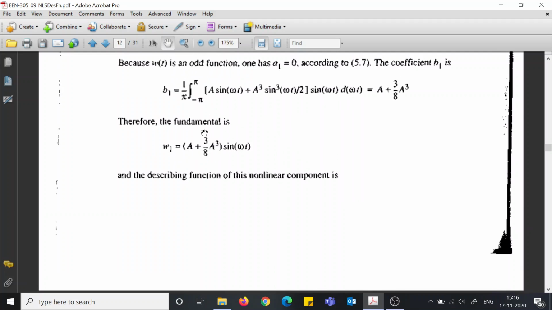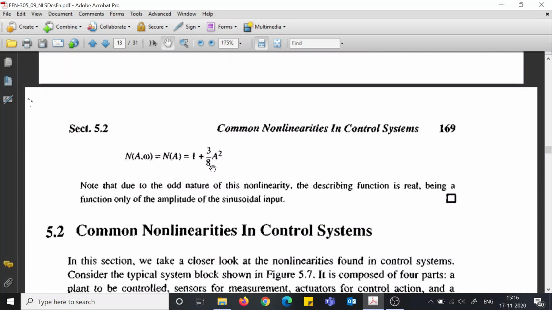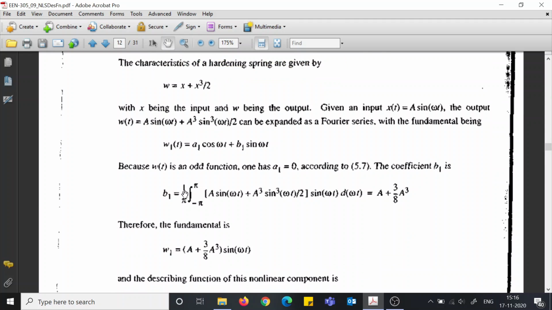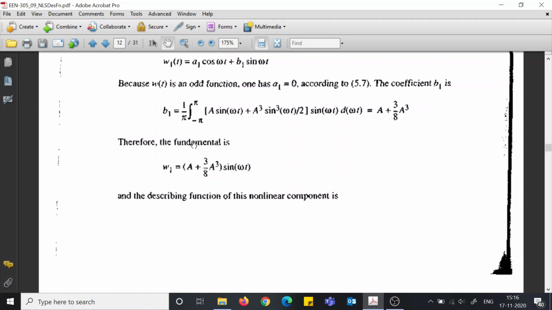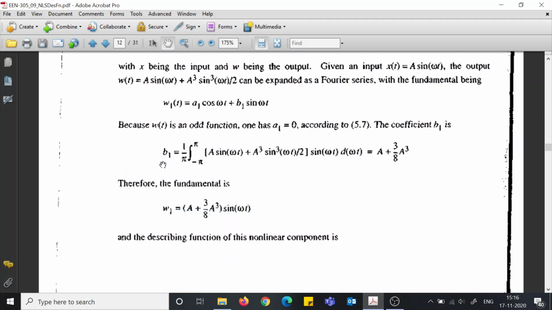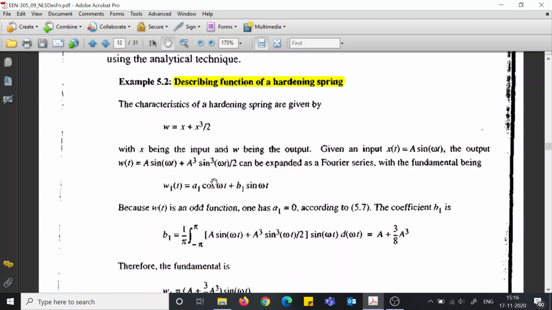These are basically all integrations. I am not so comfortable explaining integrations, but this is just math, just integration.